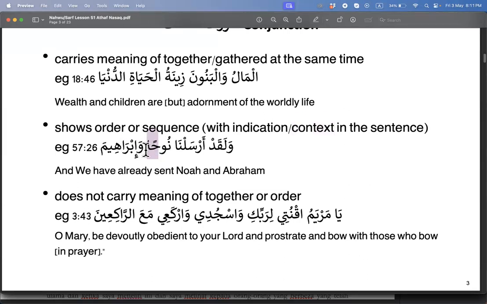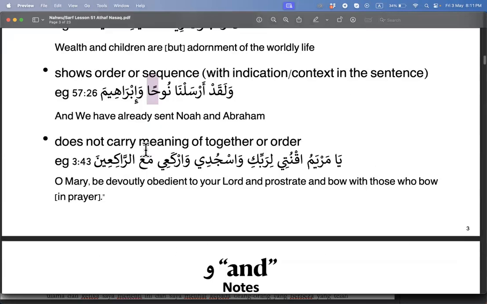But sometimes it does not show order, or it's not even like together. Here we have Ya Maryam, uqnuti. What kind of word do we have here? Fi'il amr. Yes, fi'il amr, who? Anta? Anti. Yes, anti.